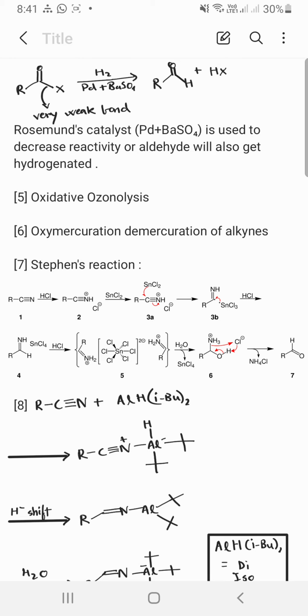Okay, SnCl2. So tin goes from +2 to +4. So in this case, it's a reduction basically. So you're going from carbon +3 to carbon +2. Yeah, it's a reduction. Okay, cool. The mechanism is weird.